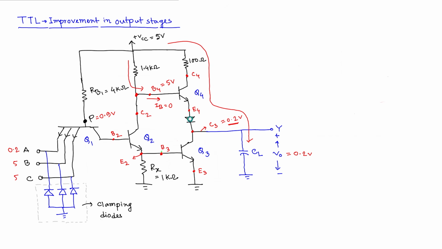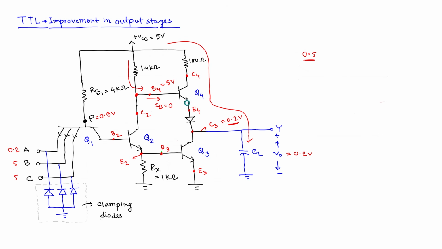So if this diode needs to be forward biased, it needs 0.7 volt, and we know whenever we have 0.5 volt across a diode, that is called the cut-in voltage. That is the maximum voltage up to which the diode doesn't conduct, and after that the diode starts to conduct. So this will be the maximum voltage whenever there will be no current through the diode, right?